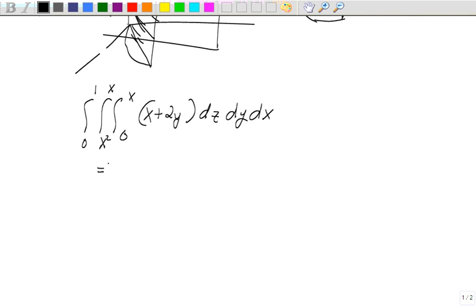Okay, so now we integrate with respect to z. There is no z, so it's going to give us that. Then, okay, again, I don't put equals. I'm going to integrate that with respect to y.